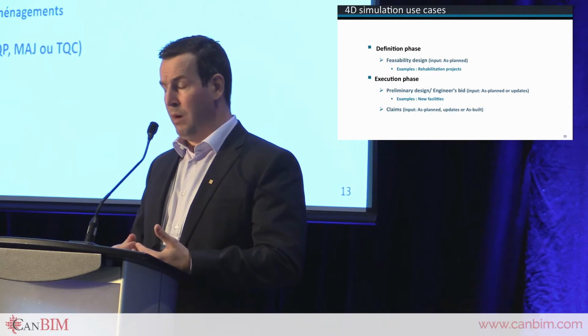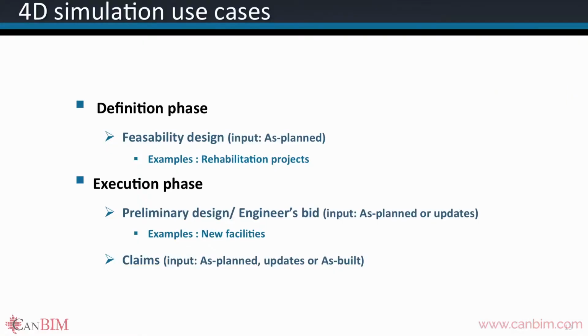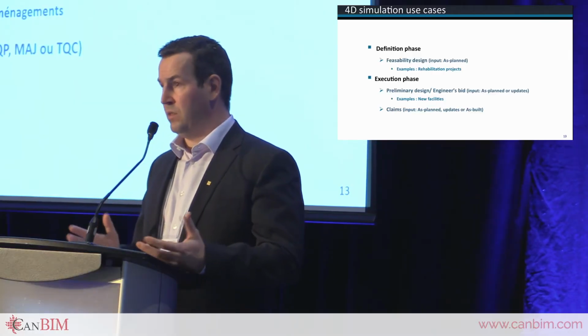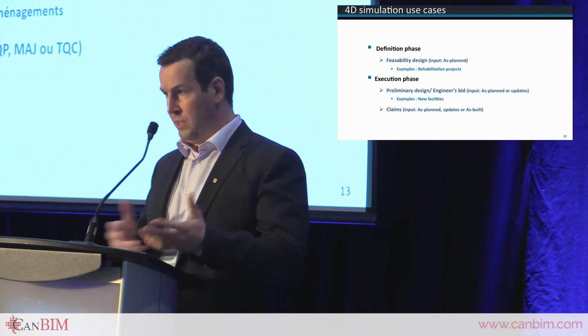Now for usage codes, when do we use 4D simulations? Well, in the preliminary design phase, either at concept or with detailed engineering. So this is information for planning. We use this, for example, for rehab projects, and 4D in the actual project phase as well.